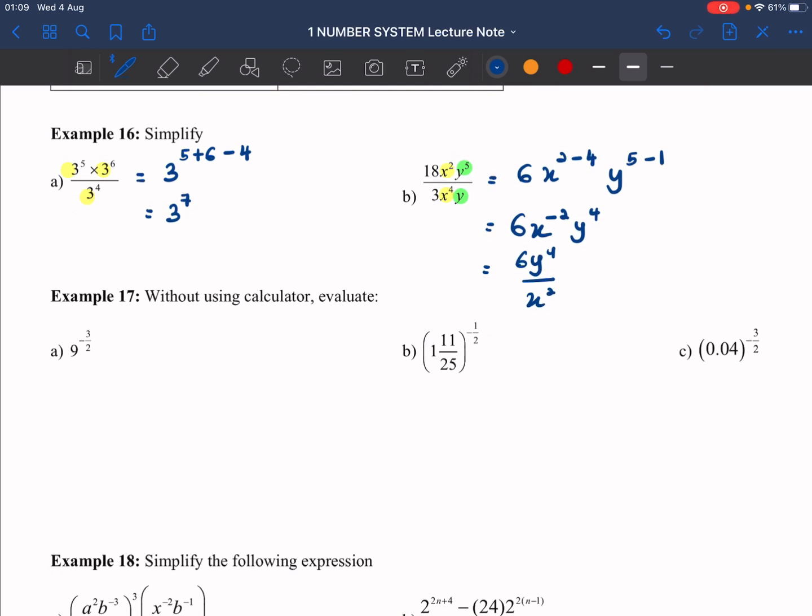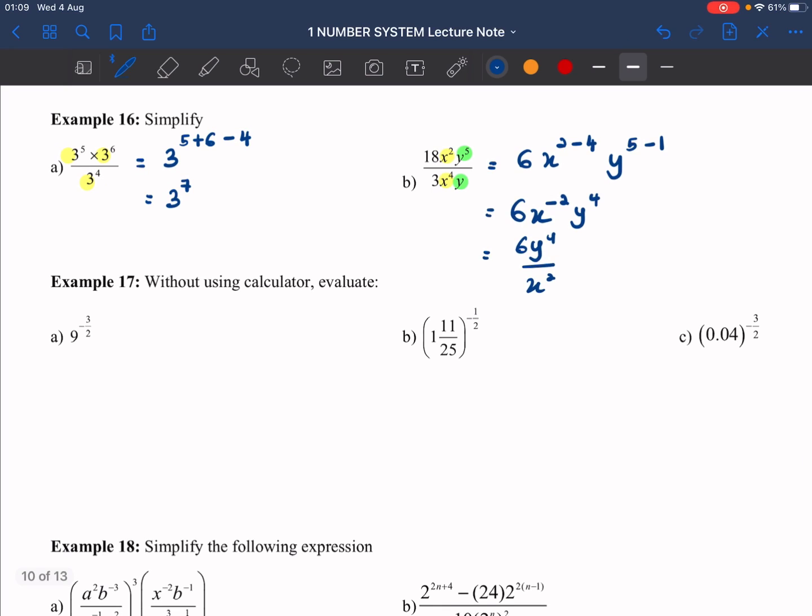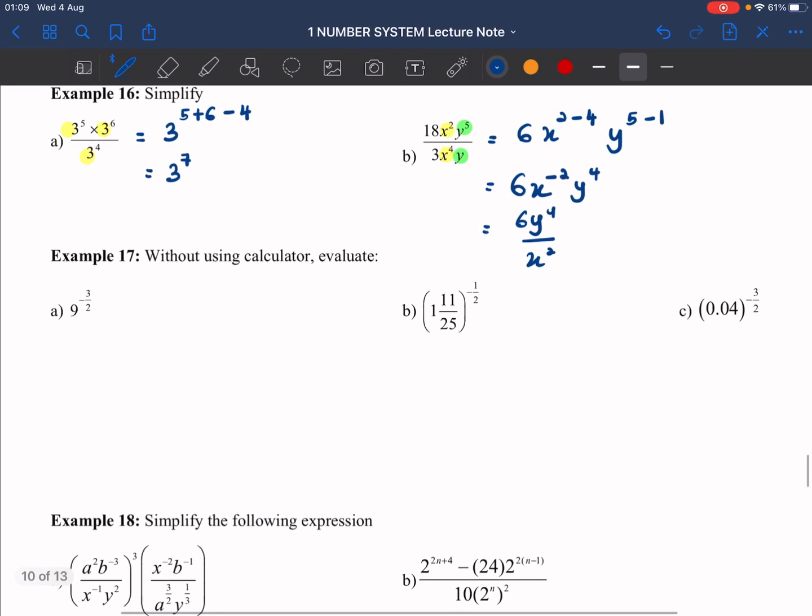So without using calculator, we have to show the step in the working lah. So the question asks to evaluate 9 to the power of negative 3 over 2. So we gonna simplify. 9 is equals to 3 to the power of 2. Okay, kita akan simplifykan yang dekat dalam ni.